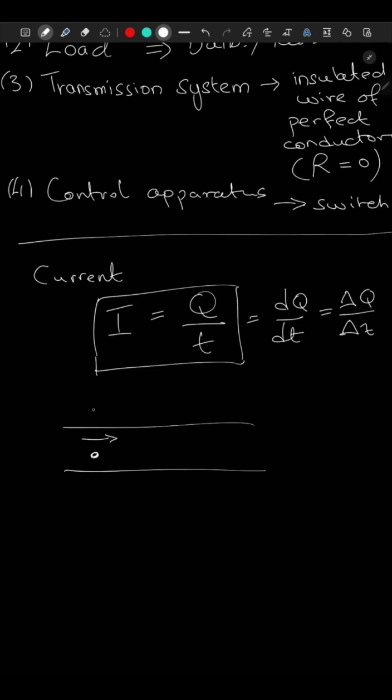Let's see, this is at time t equal to 0. It passes here until here at t equal to t1. So the charge has passed this given point at the time t1, and this is known as a current, the flow of charge per unit time.